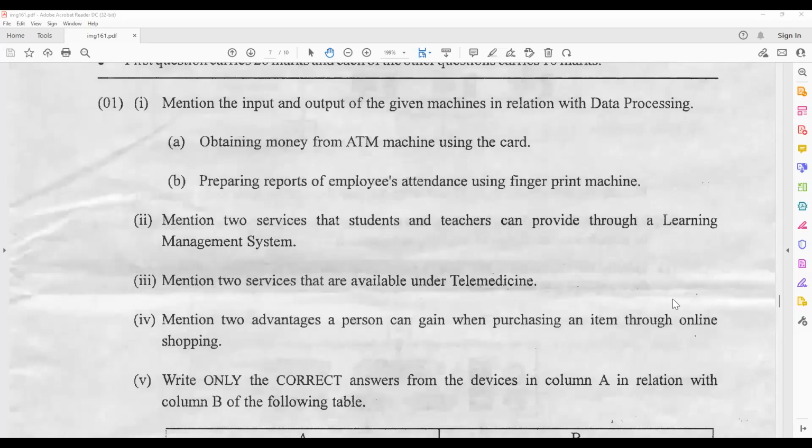So the plan is I'm going to use another tool to get your answers, right?